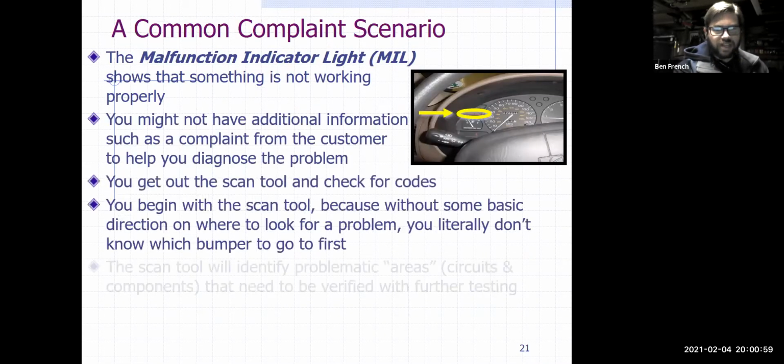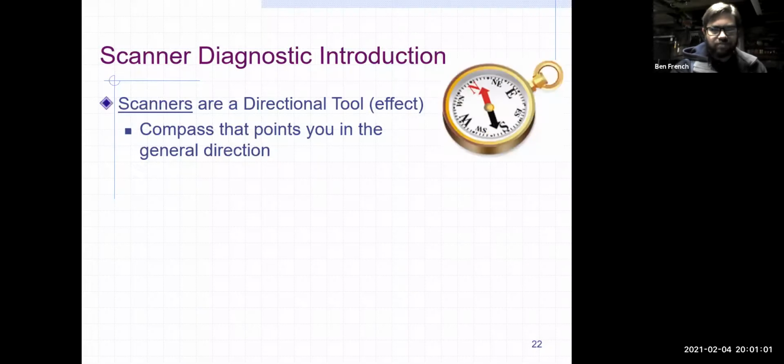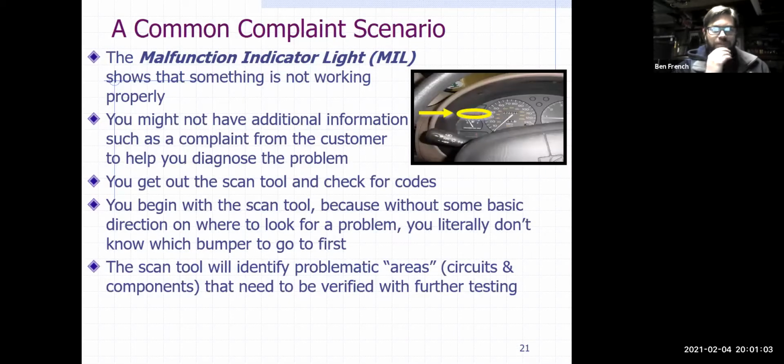I said this a couple weeks ago, and I want to make sure I hammer this home. When the MIL is on, the way I want you to think of this is, oh, the dude in the dash, he's not happy about something. It's failed a test of one of those monitors and he's upset. That's going to impact the vehicle's emissions, and he's turning on the light to let you know there's a problem.